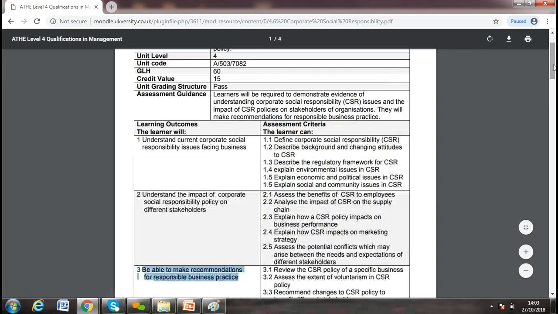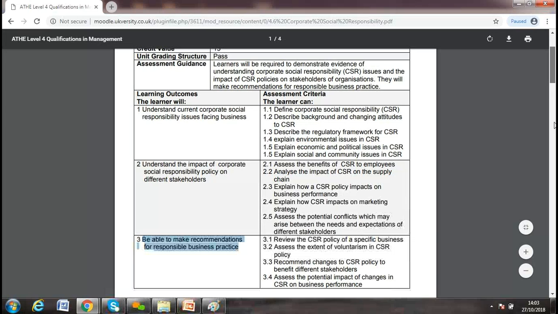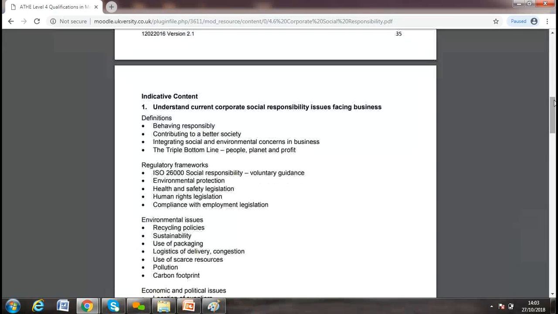So LO1, learning outcome 1, we learned to understand the current corporate responsibility issues facing organizations. During our first lesson we discussed what is meant by corporate social responsibility, where organizations are corporate citizens, behaving responsibly.